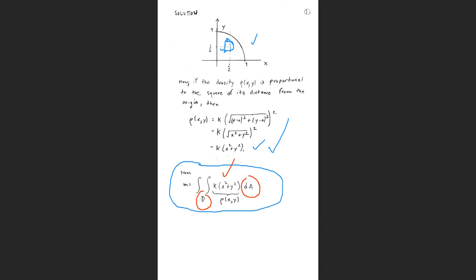and region D is a quarter of a circle. Well, if the lamina is a quarter of a circle, would you recommend using rectangular coordinates or polar coordinates? What do you think the best choice is? That's right, Arian. Definitely polar coordinates, most definitely.